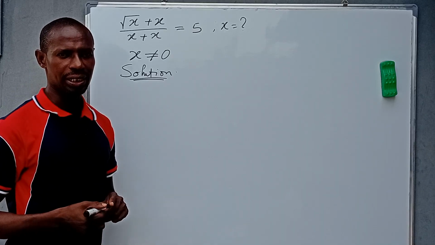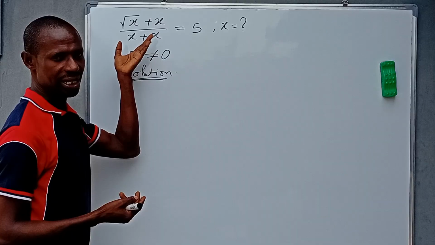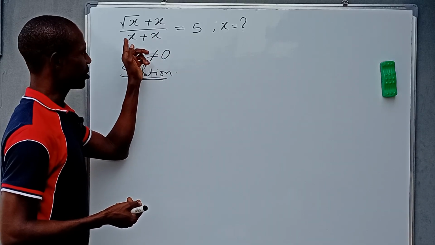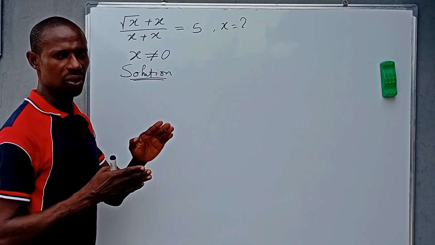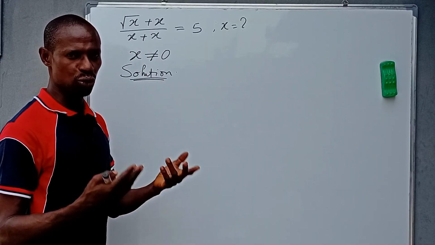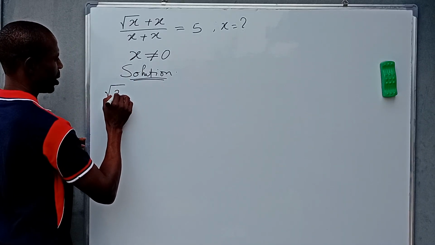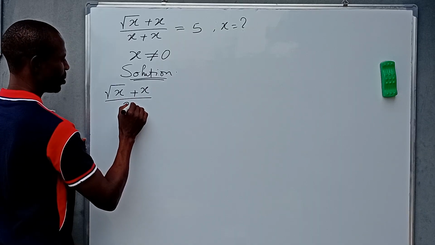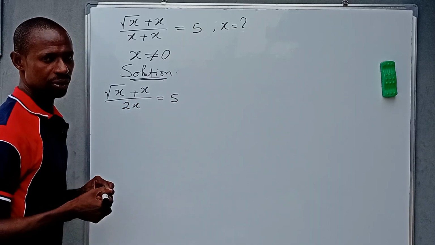Now, if you check the denominator on the left-hand side of the equation, we can factor out x from here. If we factor out x, we end up with x times (1 + 1), which is equivalent to 2x. So we can write this as (√x + x) / 2x = 5.